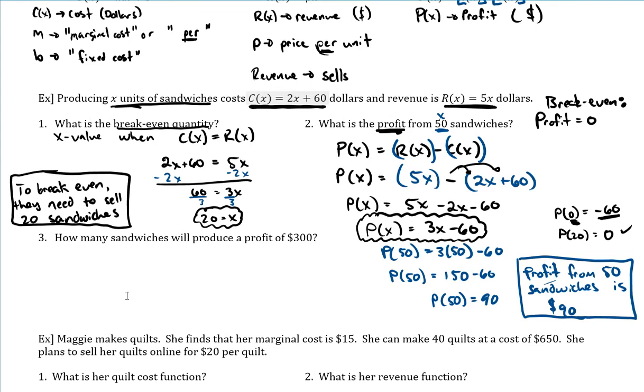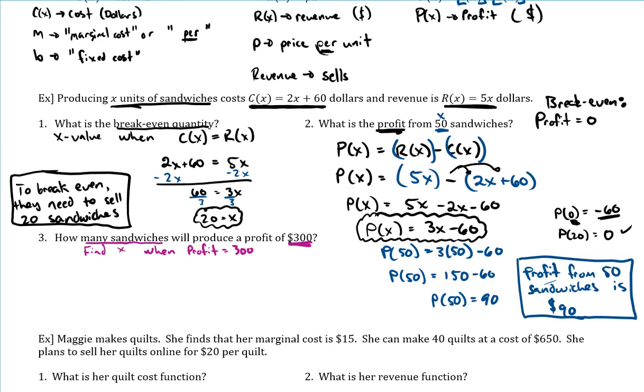Okay, for number 3, though, it's saying how many sandwiches will produce a profit of $300. So that's a good reason to cloud what we just did on the right there. They're asking how many sandwiches, so we want to know X. So we're going to find X when the profit equals $300.